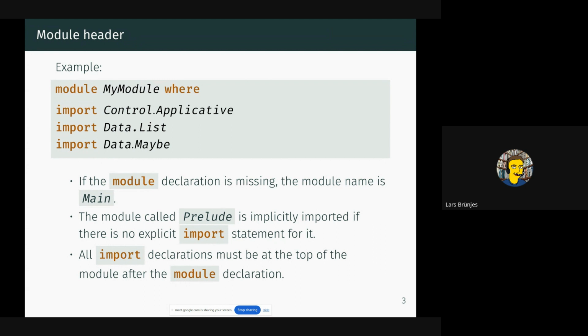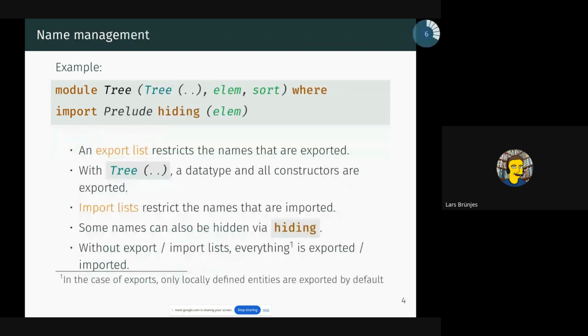And I also already mentioned there's a module called Prelude that is implicitly always imported, so you don't have to do that. That's why a lot of functions are already available without us having to import anything. And all these imports must be at the top, after the module declaration. So it's module, name, where, and then the imports.